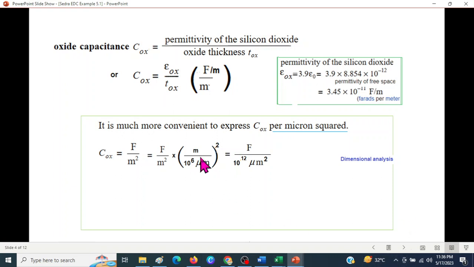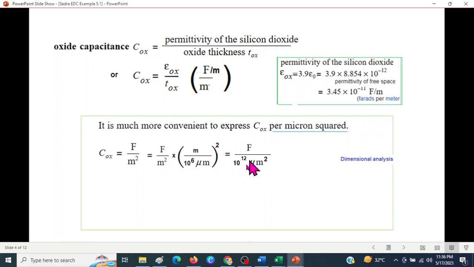We were here, that to convert farad over m square into micron, we have to use dimensional analysis, and here we have replaced this m and divided by 10 raised to the power 6 micrometer. So m square cancelled.